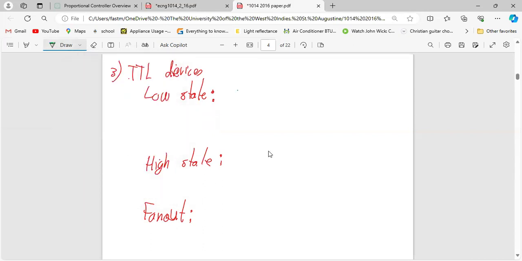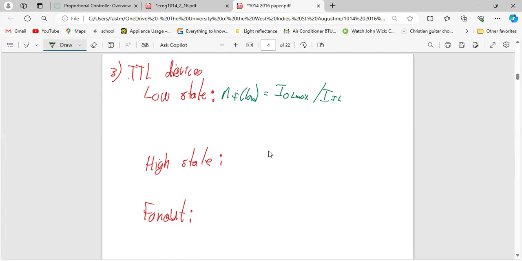To get the low state, the symbol is NF low, the number of TTL devices for the low state, which is I output low max divided by I input low.